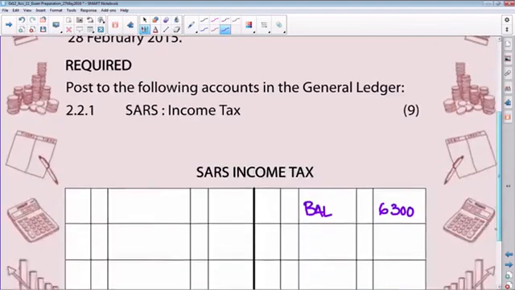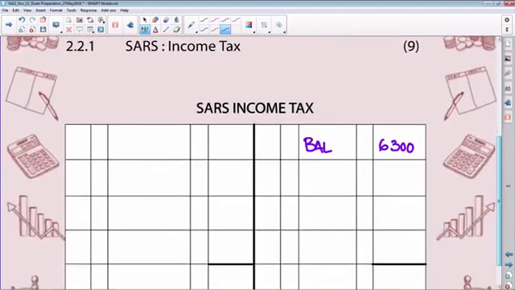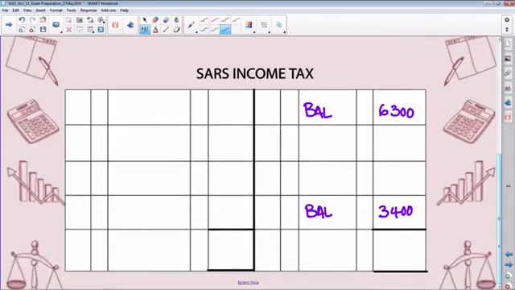It has a debit balance of 3,400, indicating that this balance here, after you bring it down, would have a debit balance. Remember that? Okay, so there's your 3,400 as your balance brought down and your balance carried down. Okay, what else do you know with regards to income tax? Let's look at our information.